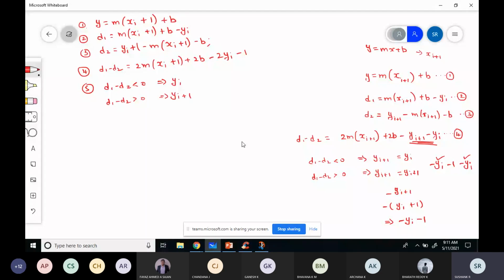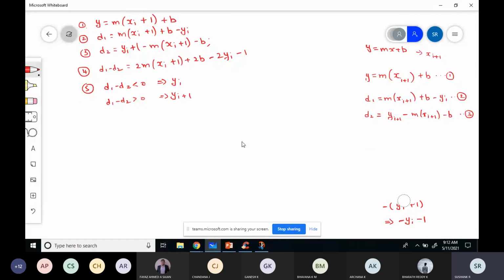One advantage of Bresenham's line algorithm is that there is no round off procedure. In DDA you were doing the round off procedure, like if you get 2.4, you convert that into 2. But here it is not done.